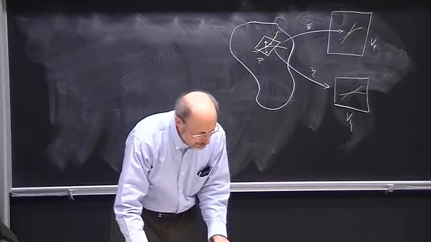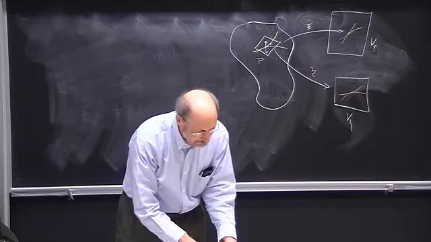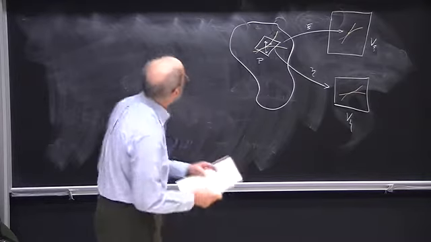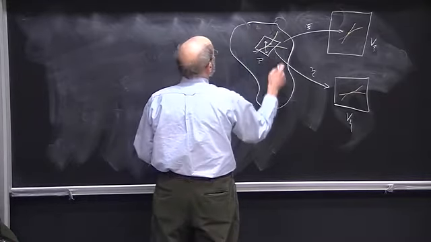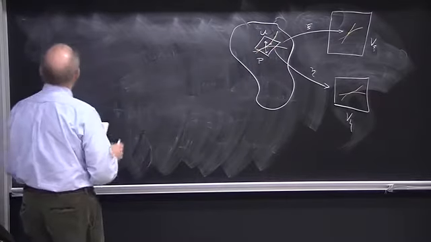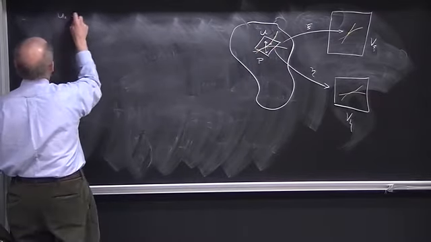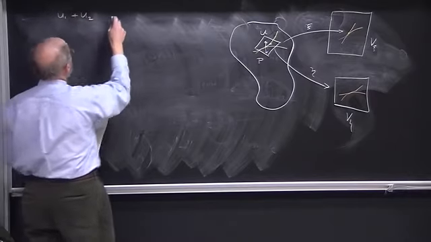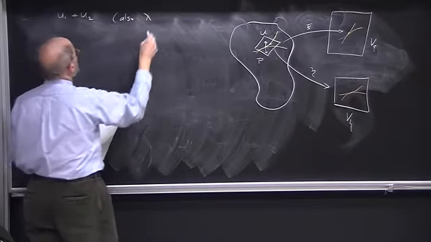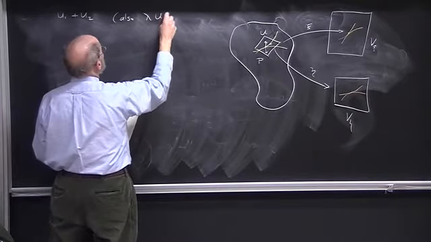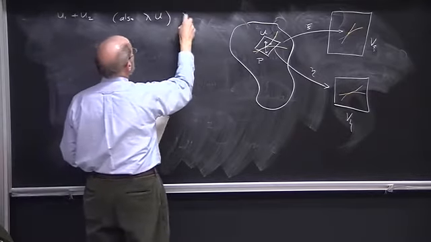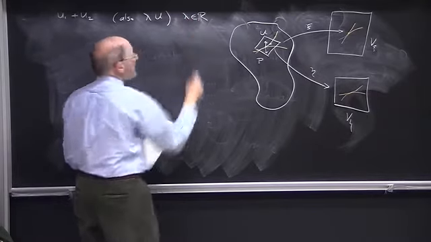So we need to define the sum of two vectors, and so we call the typical tangent vector, I was using the notation u. We want to define u1 plus u2, and also, I put it in parentheses because it's more trivial, we also need to define lambda times u for some real number lambda.